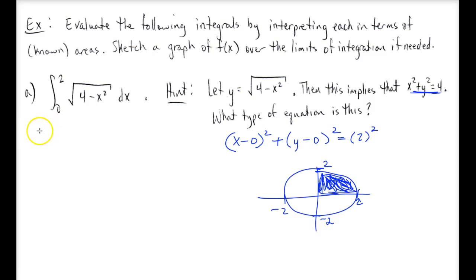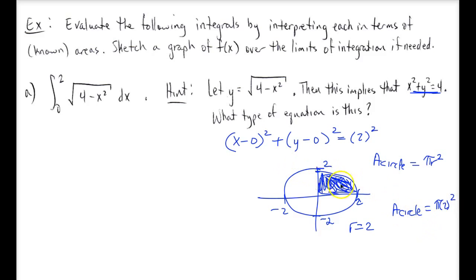We know that the area of a circle in general is pi r squared. In this case, since r is equal to 2, the area of the entire circle would be pi 2 squared.